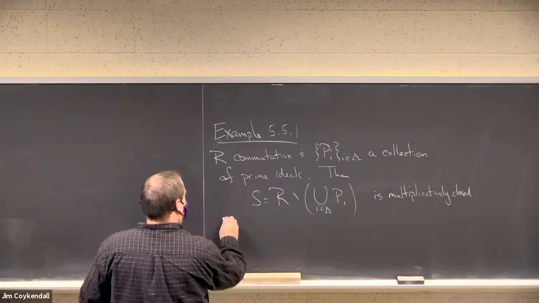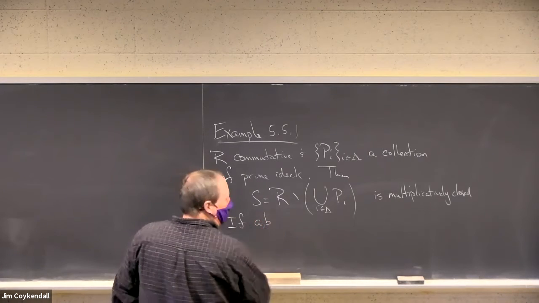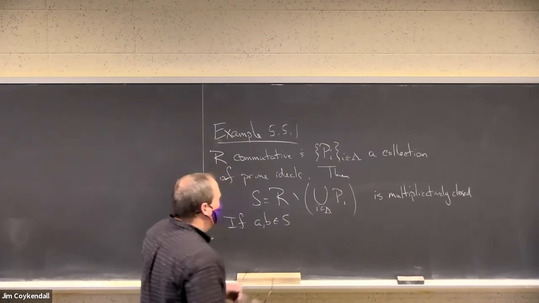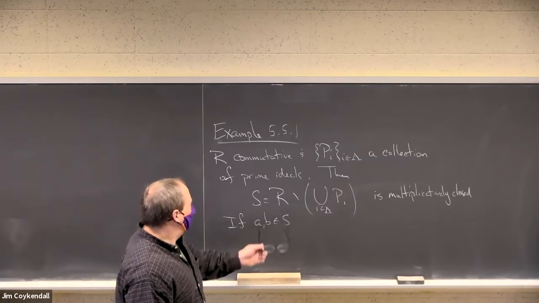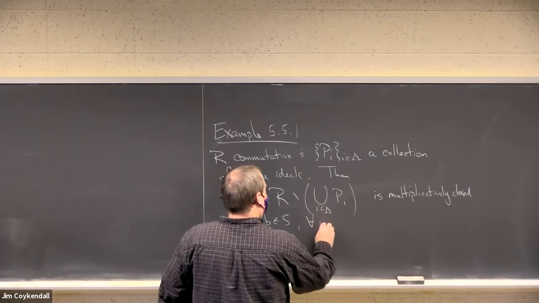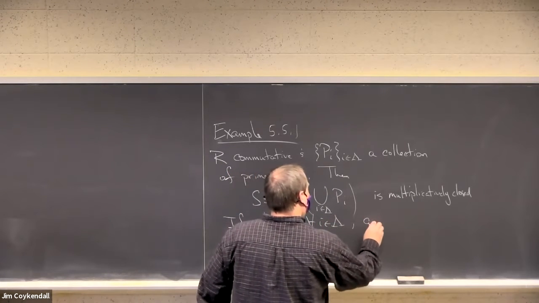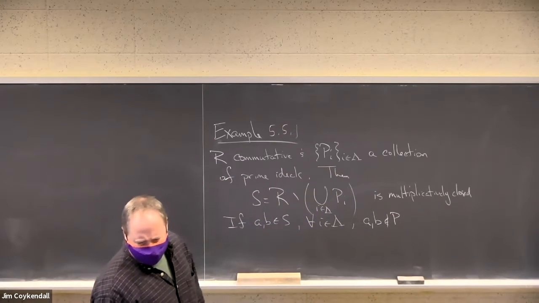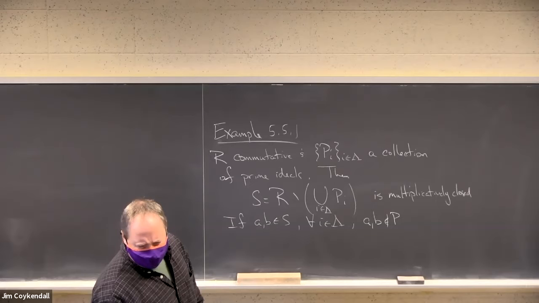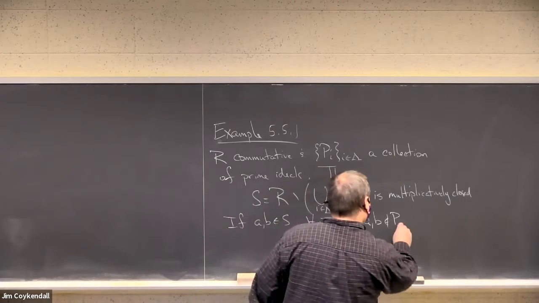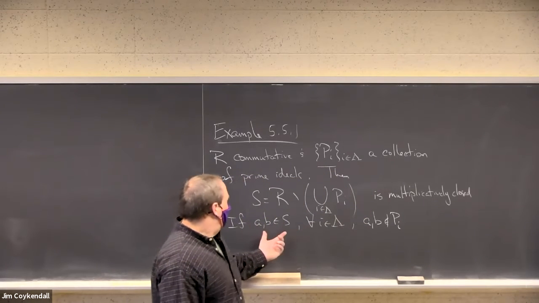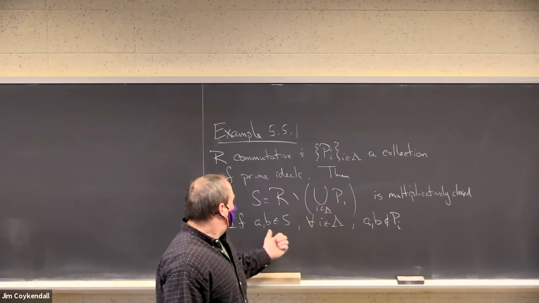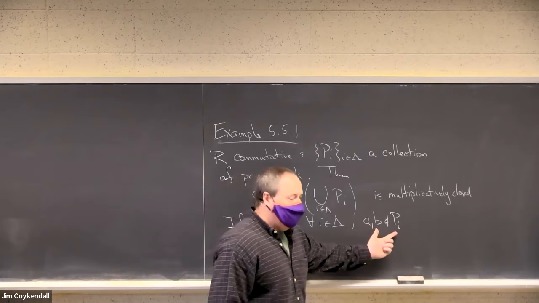Let me point out, if A and B are elements of S, what does that mean? That means that for every A and B in the set, in particular A and B are not in P_i, right?